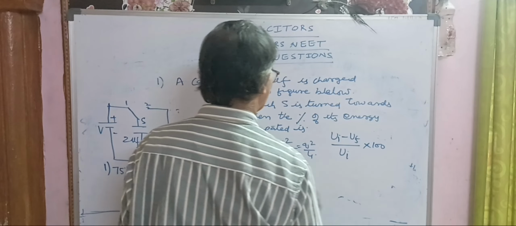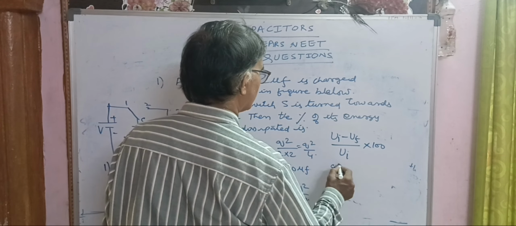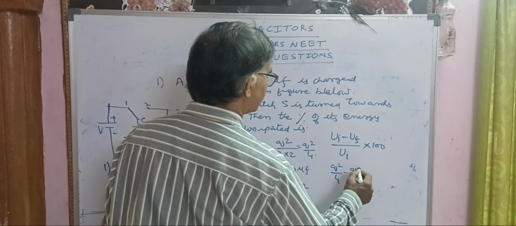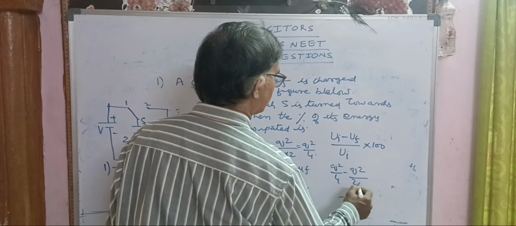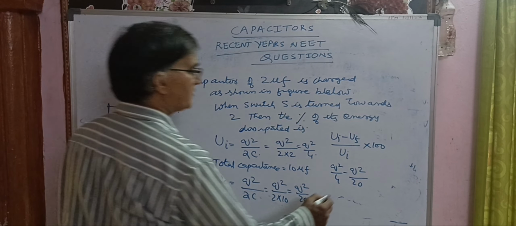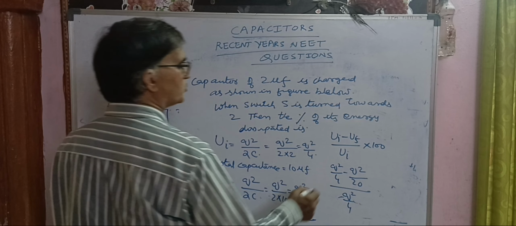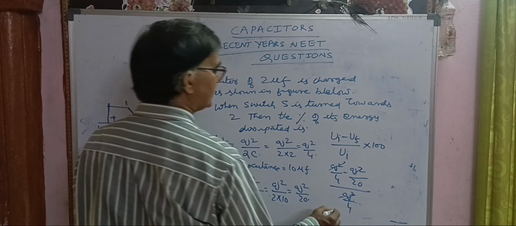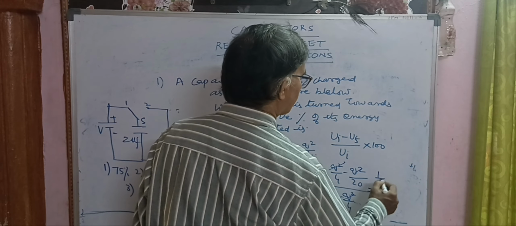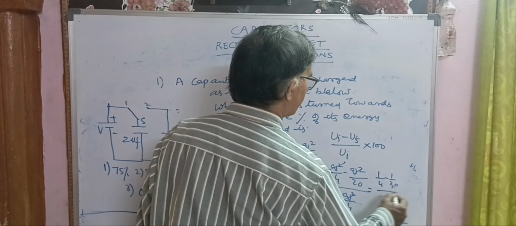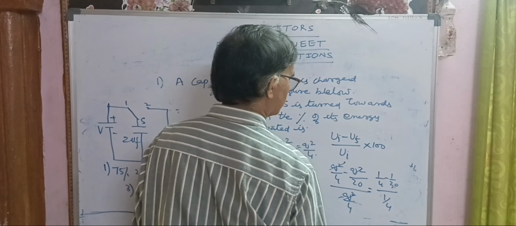The initial energy is Q square by 4, so Q square by 4 minus Q square by 20, divided by Q square by 4. Throughout, Q square gets cancelled, so you are left with 1 by 4 minus 1 by 20 divided by 1 by 4.